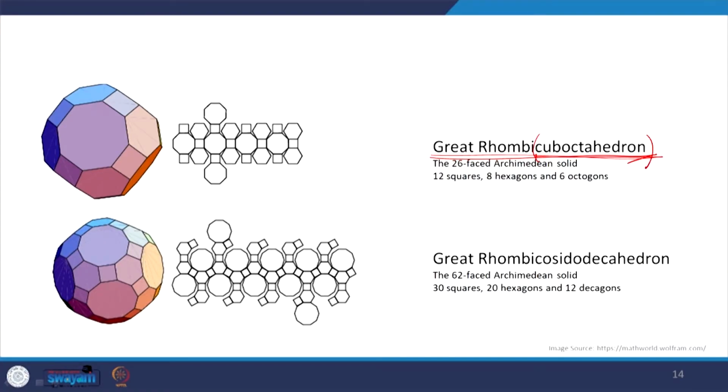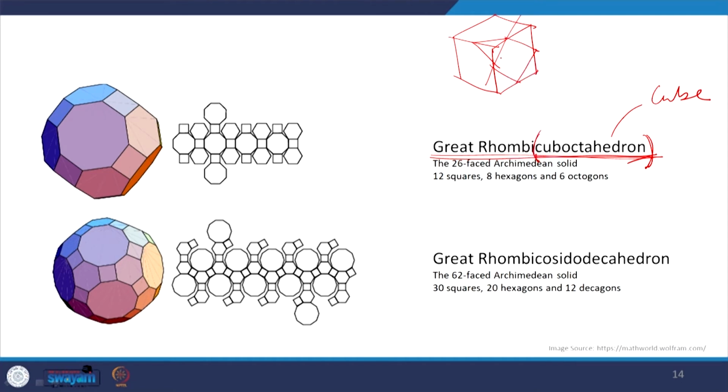So, what is the great rhombicuboctahedron? This is further truncation of the cuboctahedron. The cuboctahedron was derived from a cube when we were truncating it like this. When we cut the cube like that, we were getting triangular surfaces, and we were getting these square surfaces on the faces. That is what a cuboctahedron was.